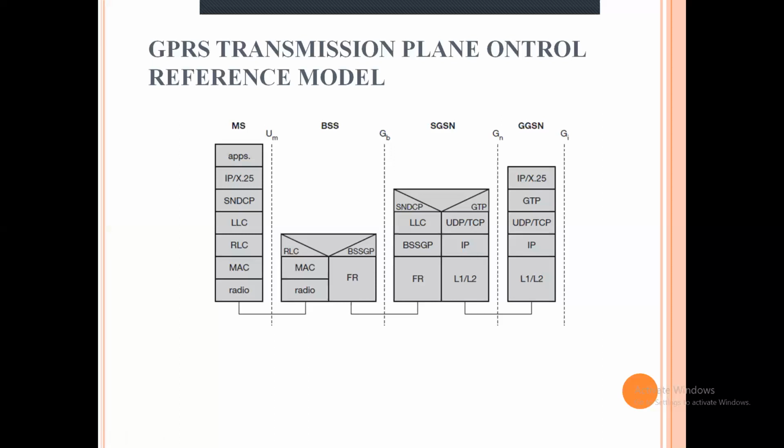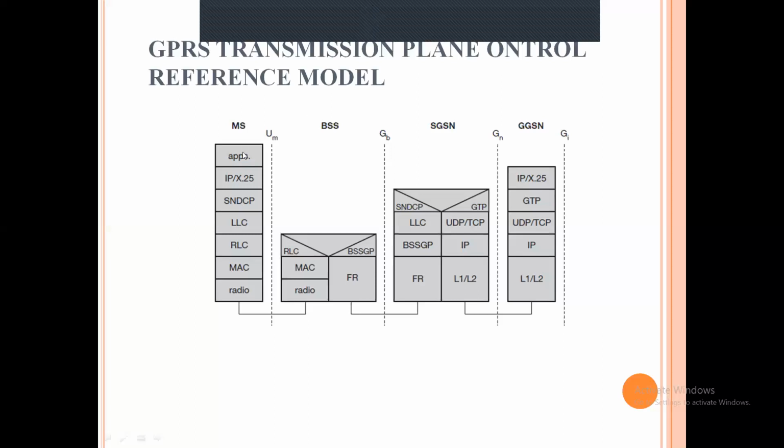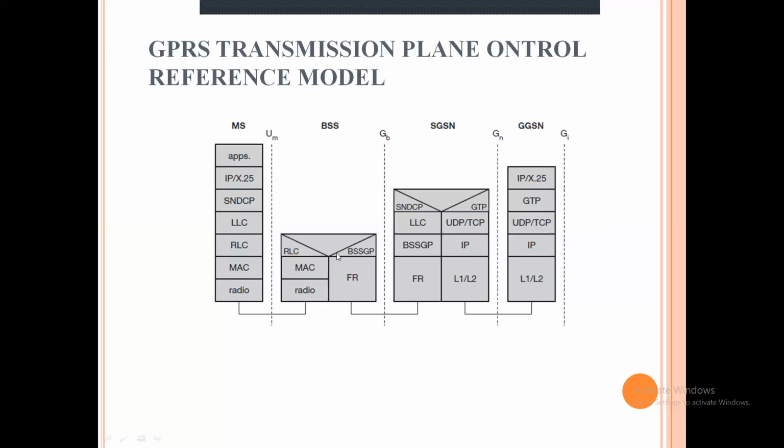Now we will discuss each and every component's layers. Here we have several layers at the mobile station. These are the protocols at the mobile station, and these are the protocols at the base station subsystem.